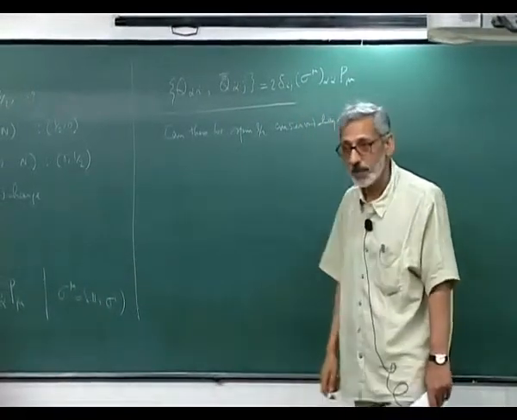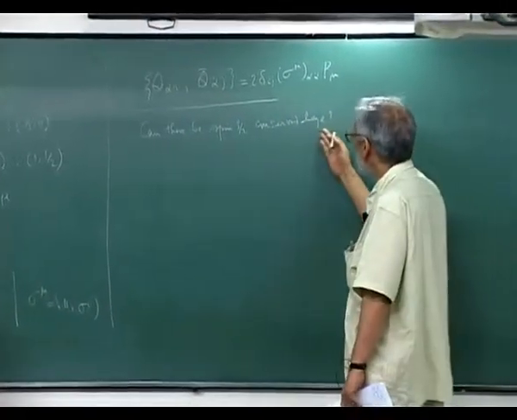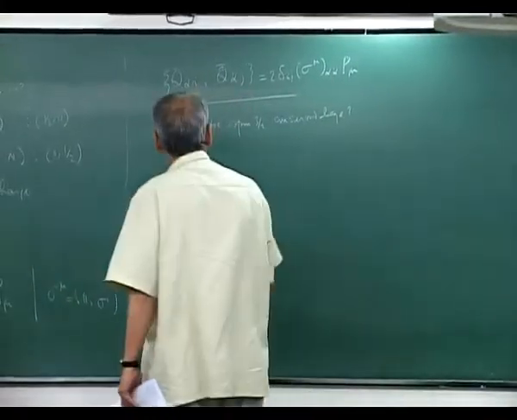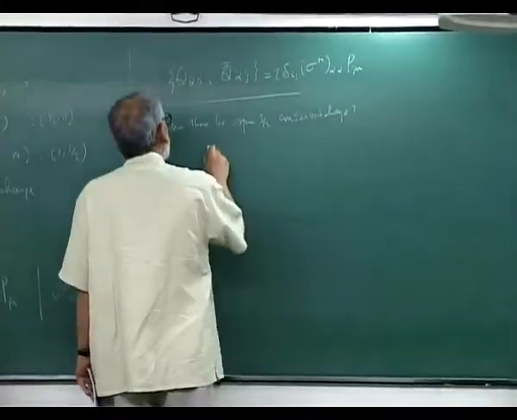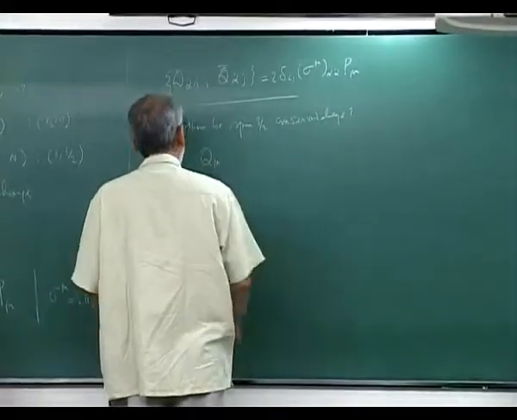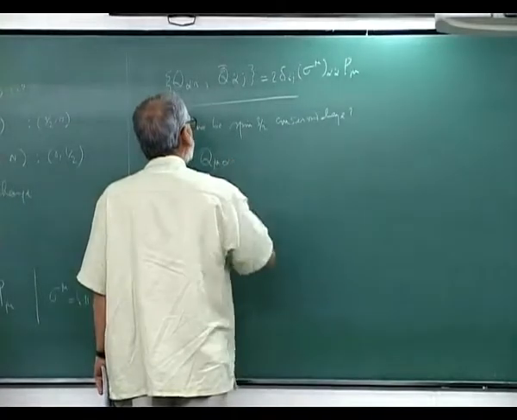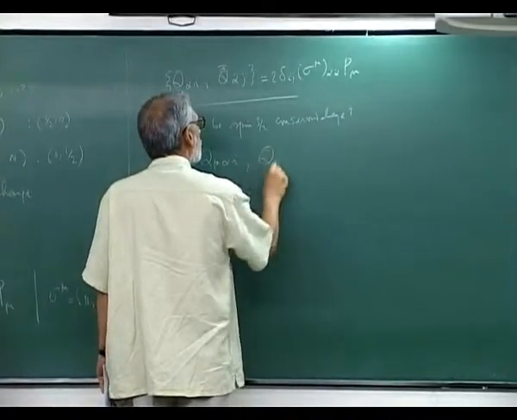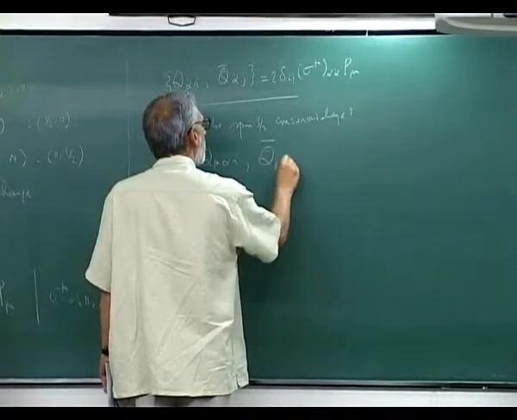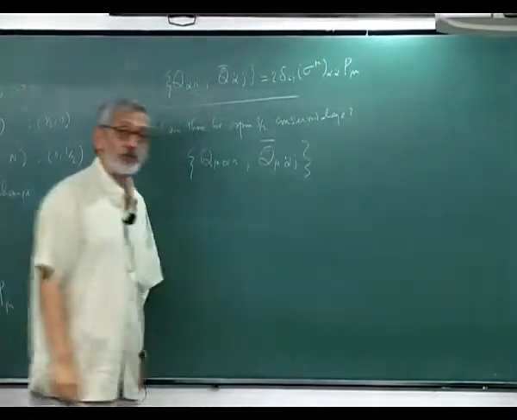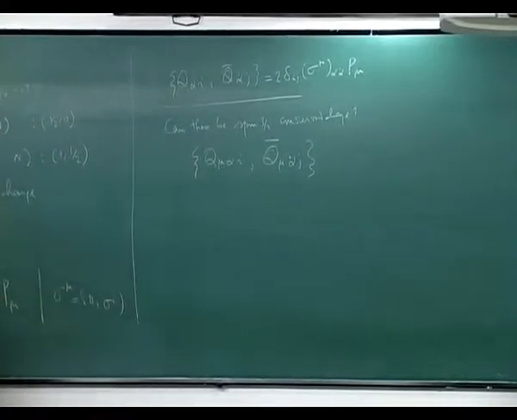But similarly we can ask the question, can there be a spin 3 half conserved charge? Now spin 3 half conserved charge, let me call it Q mu alpha I and Q bar mu alpha dot J, and evaluate this anti-commutator.